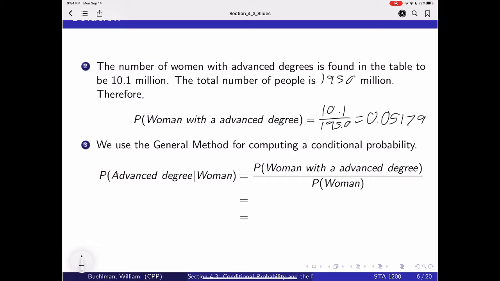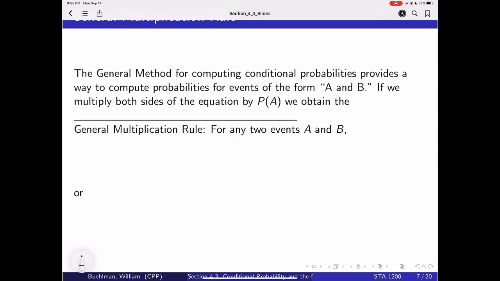So we're just going to use the probability of a woman with an advanced degree, which was 10.1 over 195.0, divided by 101 over 195.0, which equals 0.1. So the probability of picking somebody with an advanced degree, given that we know that they're a woman, is 0.1.